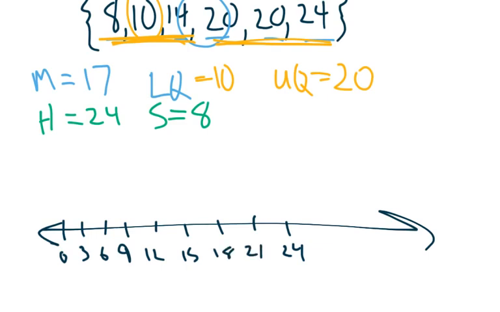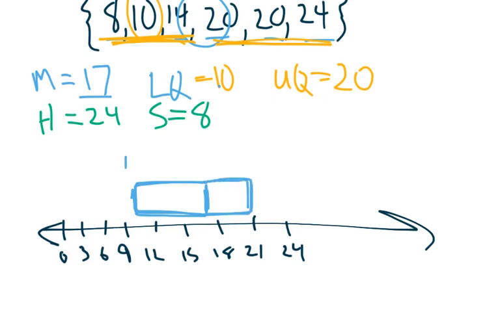So now, start with the median. My median is 17, so that's going to be right about here. My lower quartile is 10, so that would be right about there. We make a box. My upper quartile is 20, that would be right about here. And you want to leave these open. You don't want to color them in.